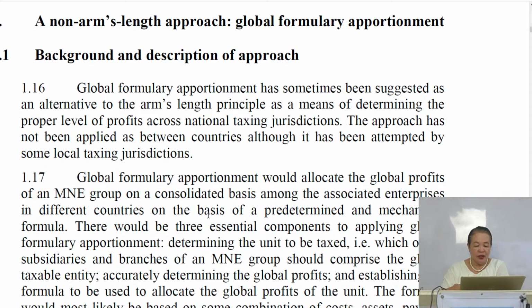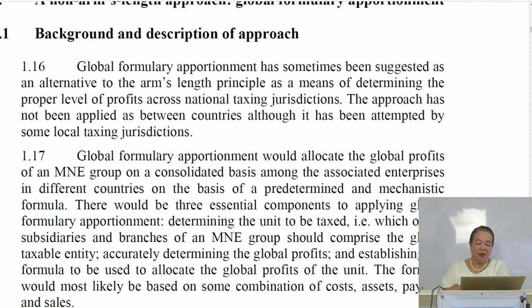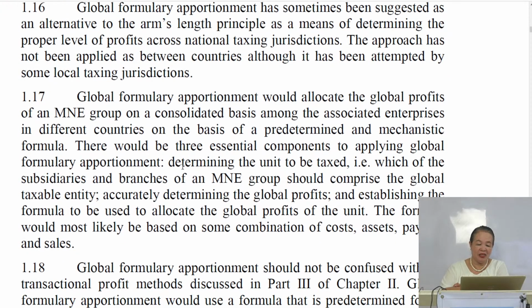So establishing the formula to be used to allocate the global profits of the unit. So that's another difficulty. Paano mo allocate, gawin yung formula? So it would be likely based on some combination of cost, assets, payroll, and sales. So wala talagang fixed na variables, or bases.